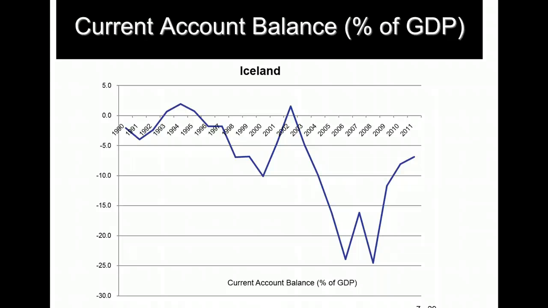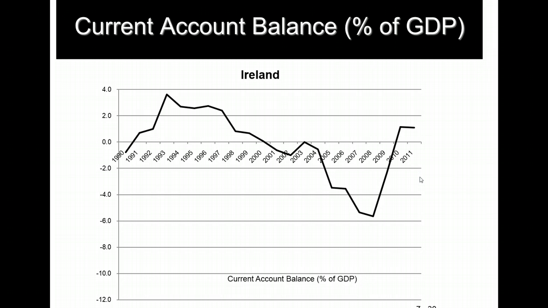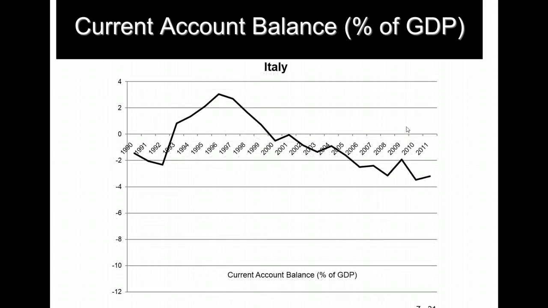Iceland, now you can see why Iceland had such a big problem in 2005, 2006. They were running huge trade deficits, which had to be financed in some way. When the credit crunch hit, they were unable to finance those trade deficits, so it shrank considerably. Ireland ran a large trade deficit before they went into a recession. Now they're in slight surplus mode.